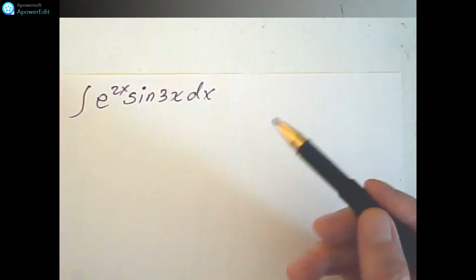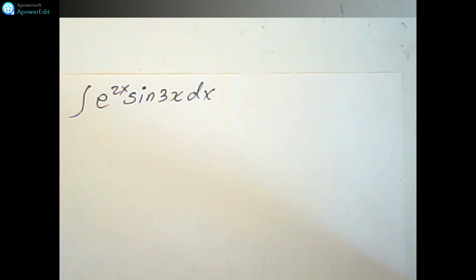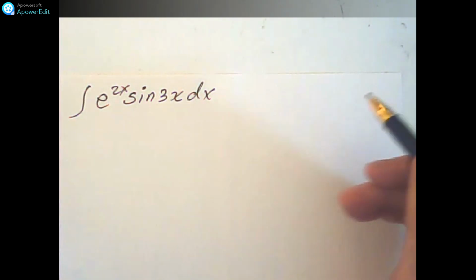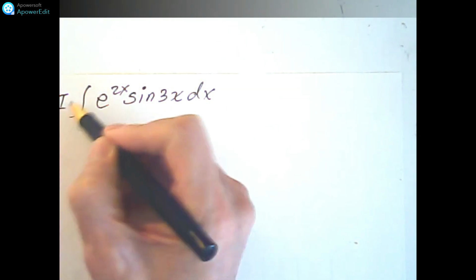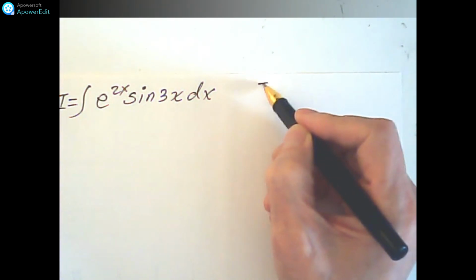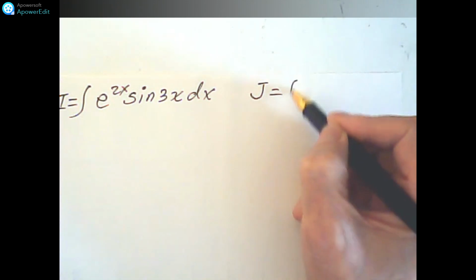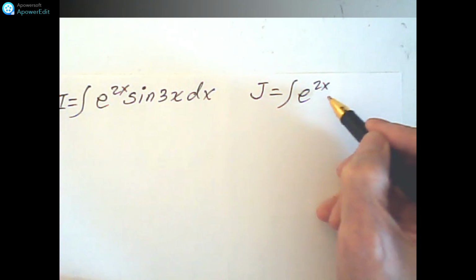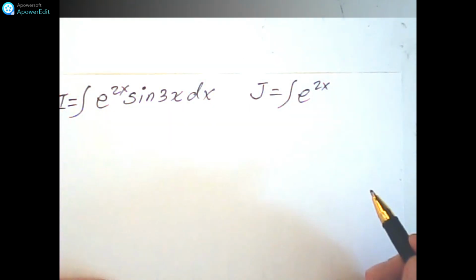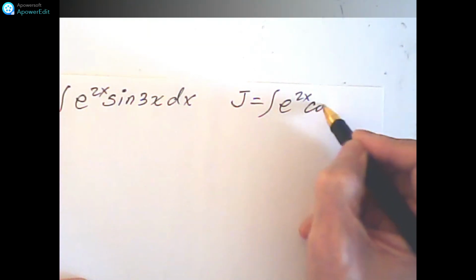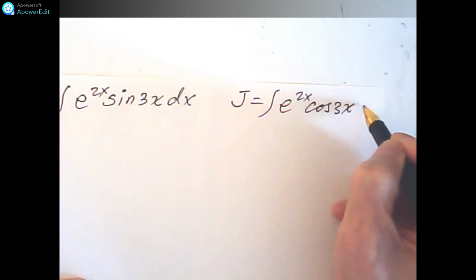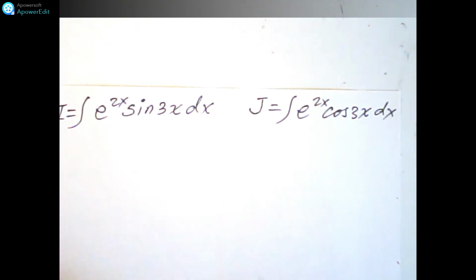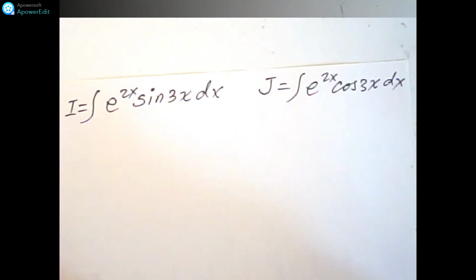Now here, I'm using the same method. Let this be I. I create J. J is equal to e to the 2x times cosine 3x dx. I tried to use the same method I did before, right?